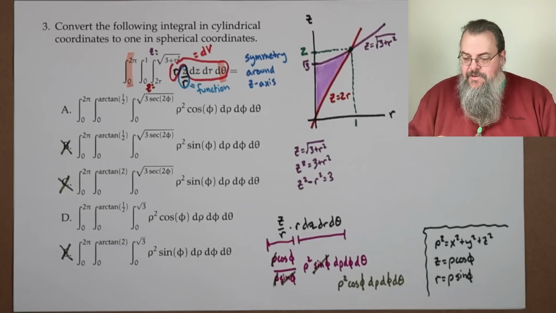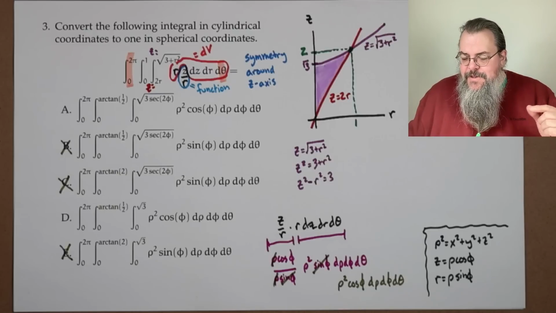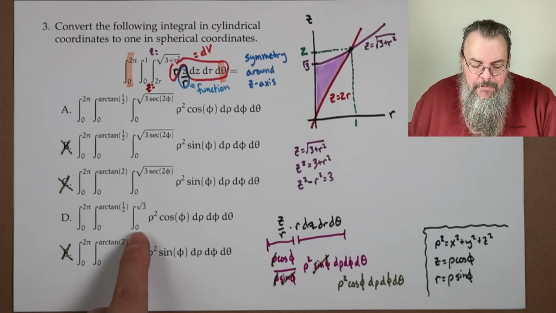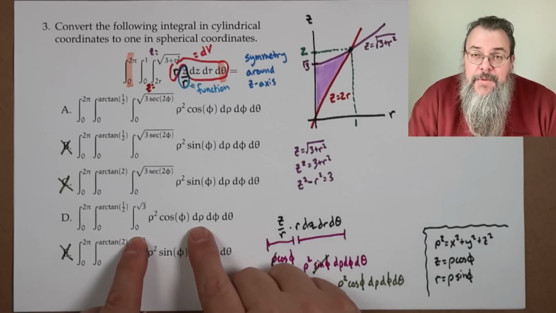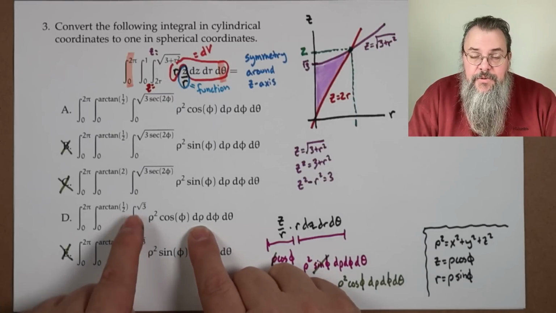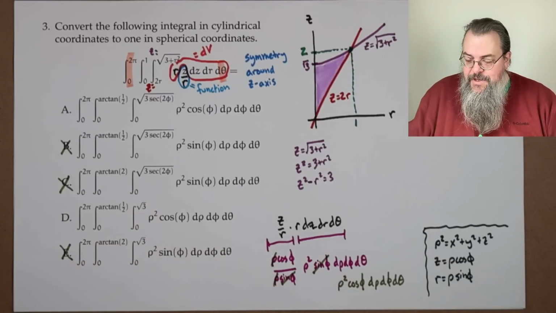And the good thing is, if we think about it for just a little bit more, we actually have enough to say what our answer is right now. Look at these bounds for D. What is rho going from? Rho goes from 0 to root 3. Well, what is rho equals root 3?